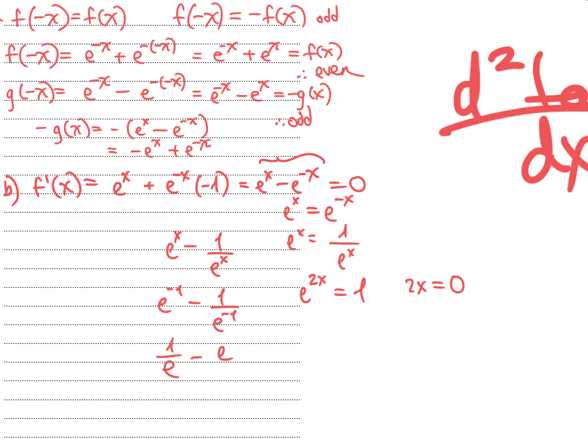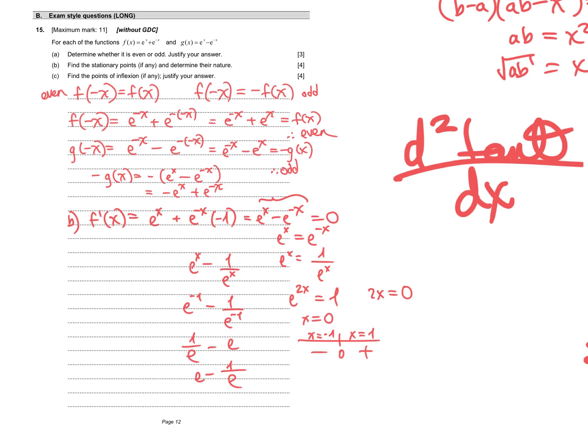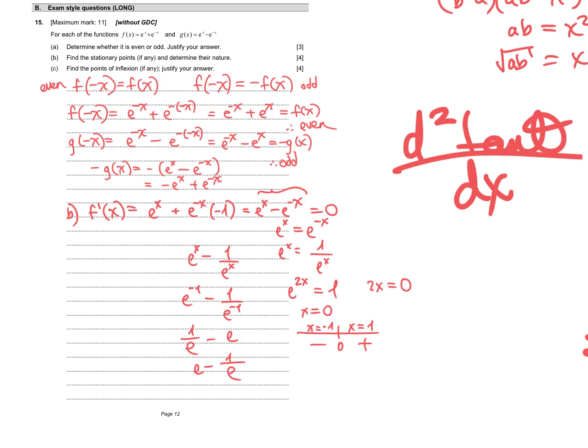And if we do 1, we're going to have e minus 1 over e, which is a positive number. So, find the stationary points. Okay, so x equals 0 is a stationary point for f. We should probably find the coordinate. So f at 0 is 2. And this, because it's going from negative gradient to positive, is a min.